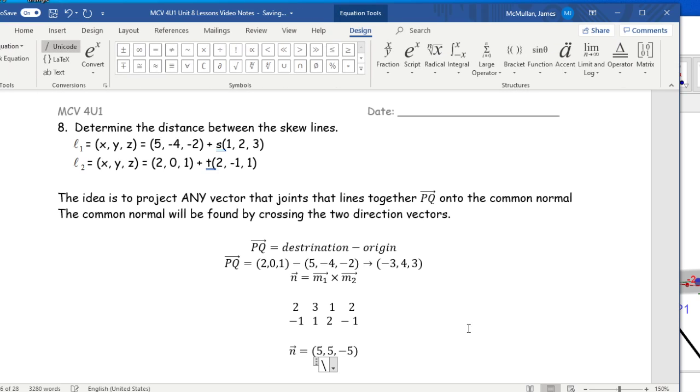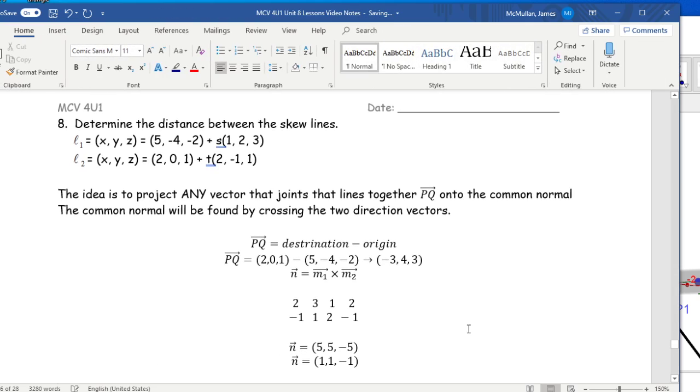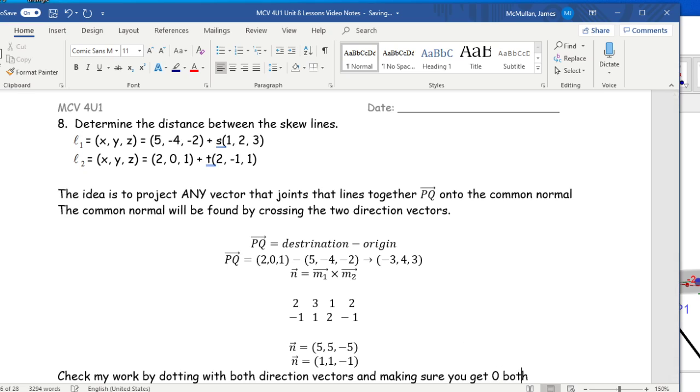Now, it probably wouldn't be a bad idea to reduce it. Why don't we just reduce it? We'll make it parallel, right? It doesn't matter. We're projecting onto this vector, so the length will be taken care of later. It might not be a bad idea to check my work by dotting with both direction vectors and making sure you get 0 both times.